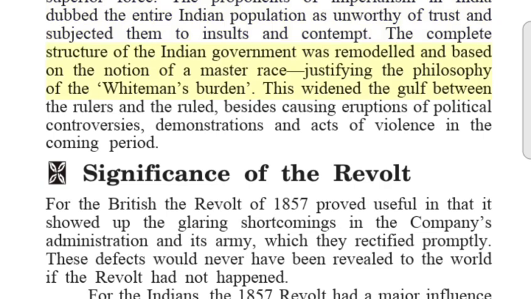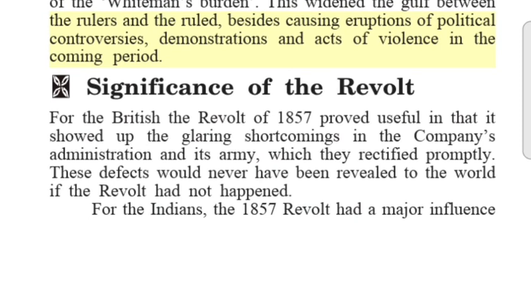The complete structure of the Indian government was remodeled and based on the notion of a master race, justifying the philosophy of the white man's burden. This widened the gulf between the rulers and the ruled, besides causing eruptions of political controversies, demonstrations and acts of violence in the coming period.